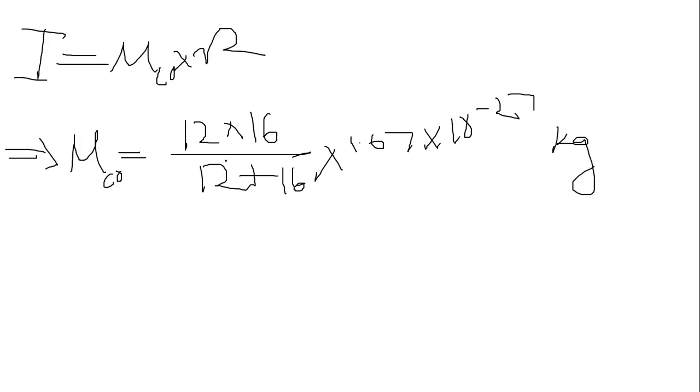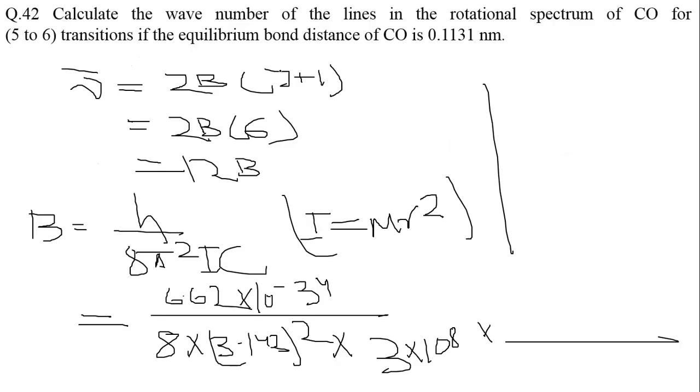So it will be 12 into 16 by 12 plus 16 into 1.67 into 10 to the minus 27. And after calculating the value of mu, we multiply it with r square, and the value of r is 0.1131 nanometers.